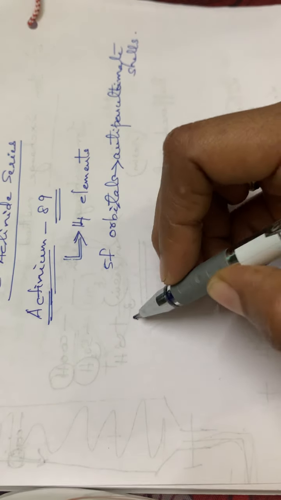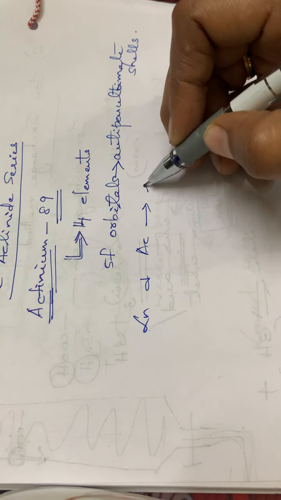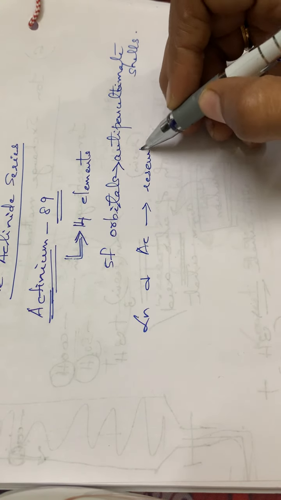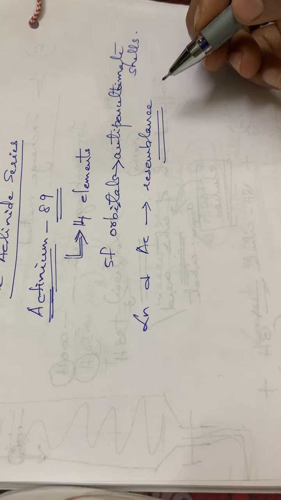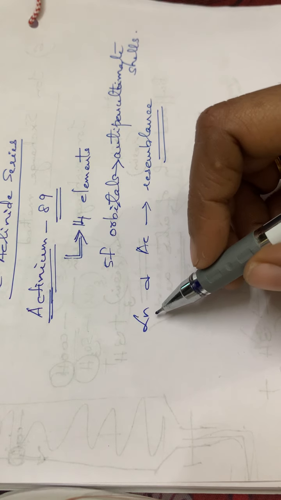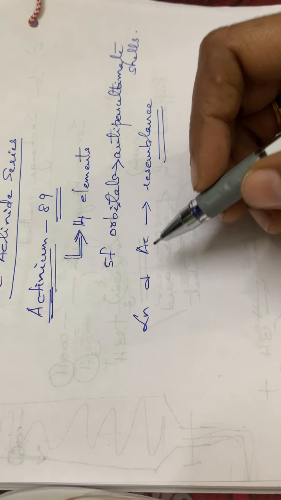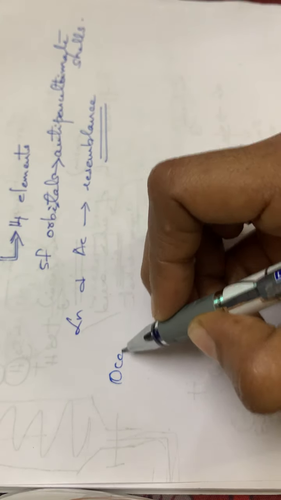Lanthanides and actinides also have a very close resemblance. There are not many differences in their chemical properties. Even though some differences are there, they have many resemblances with each other. Next you can go through the occurrence of these elements.